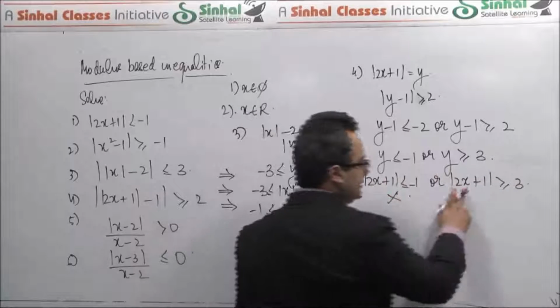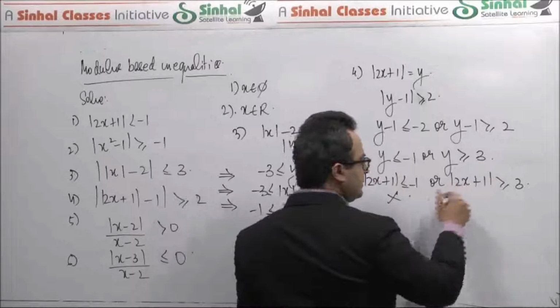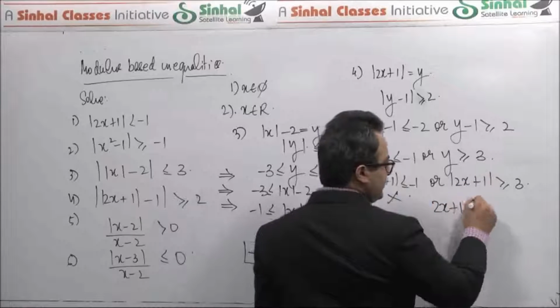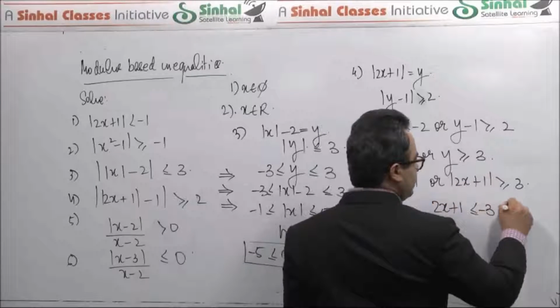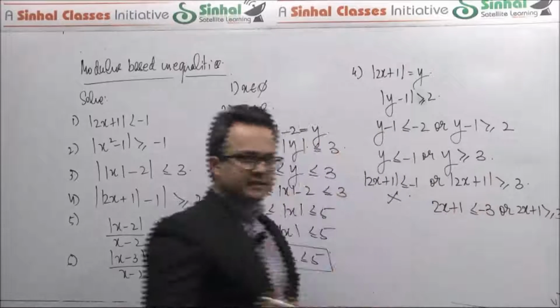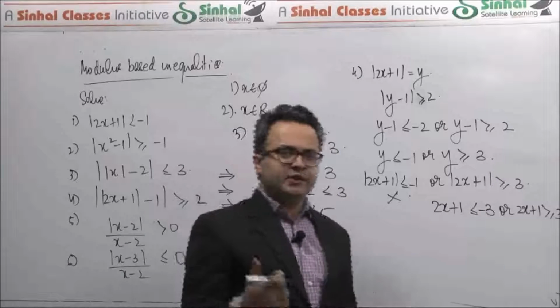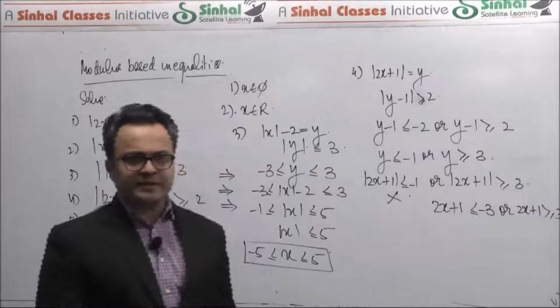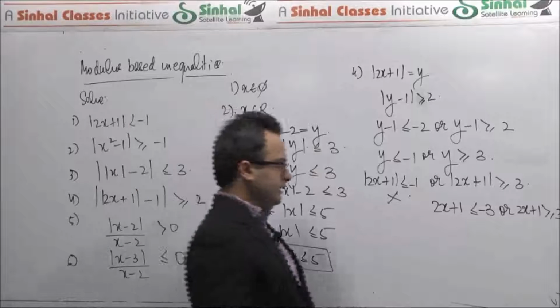And going back to the second part, mod of 2x plus 1 is greater than equal to 3. So again 2x plus 1 can either be less than equal to minus 3, or greater than or equal to 3. Again, if mod of x is greater than or equal to a, where a is positive, you can directly say that x must be less than equal to minus a, or x must be greater than or equal to a.